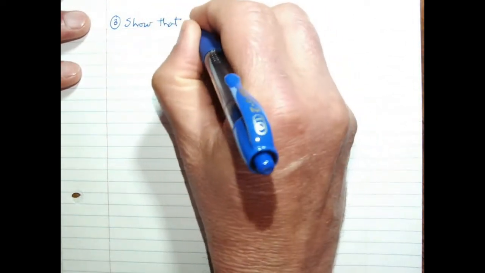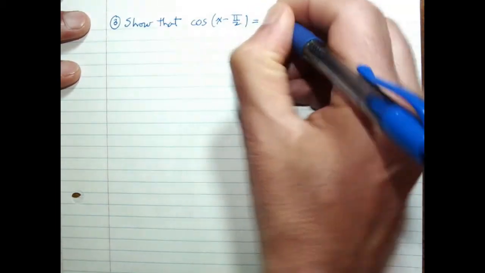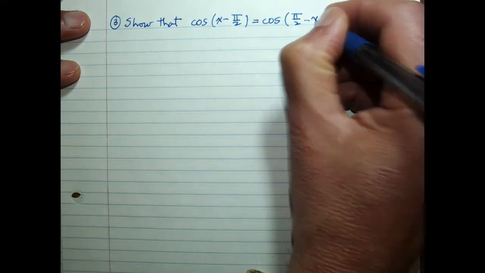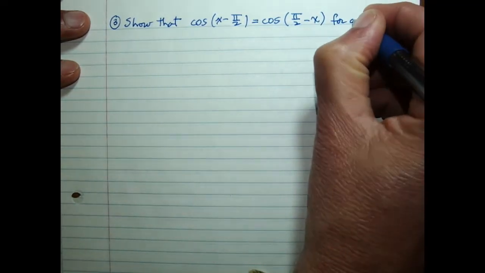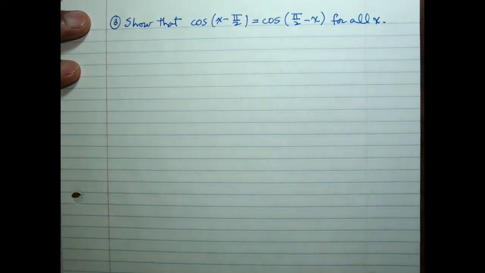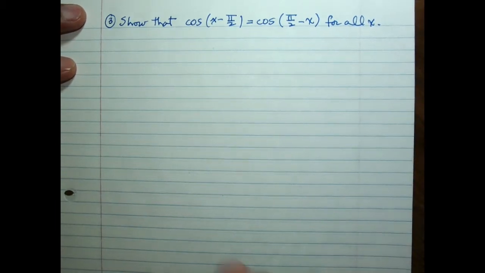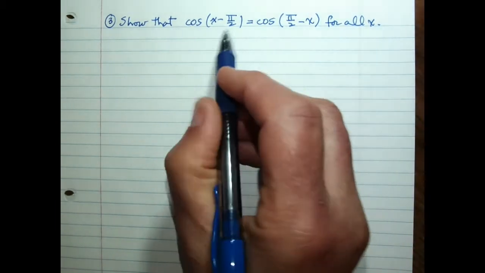Okay, so the third point I want to show is that cosine of x minus pi over 2 is equal to cosine of pi over 2 minus x for all x. Cosine of x minus pi over 2 equals cosine of pi over 2 minus x.